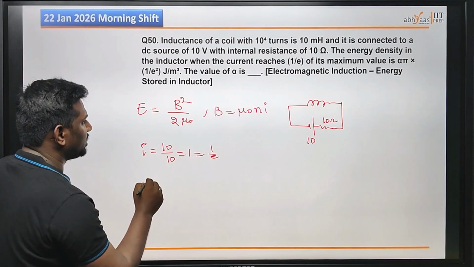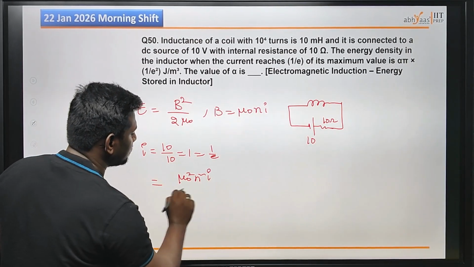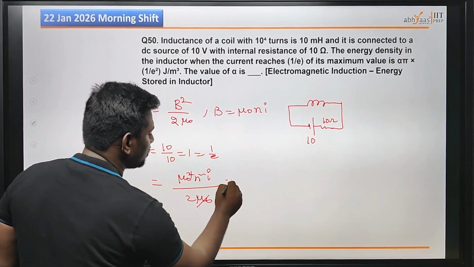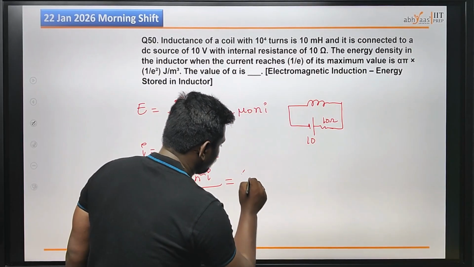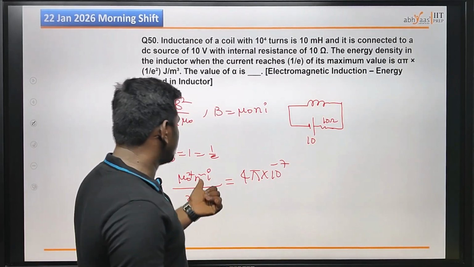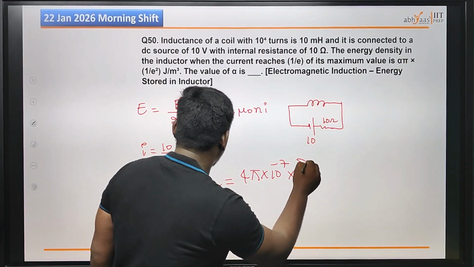If you substitute here, you will get mu naught square N square i square by 2 mu naught. Mu naught gets cancelled. What is the value? 4 pi into 10 to the power minus 7. What is the N square value? N square value is nothing but 10 to the power 8.